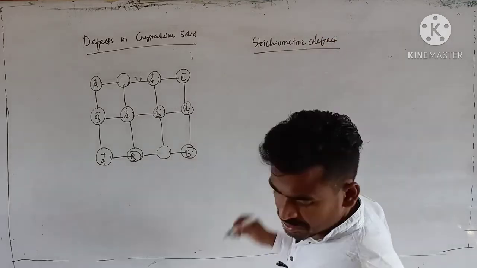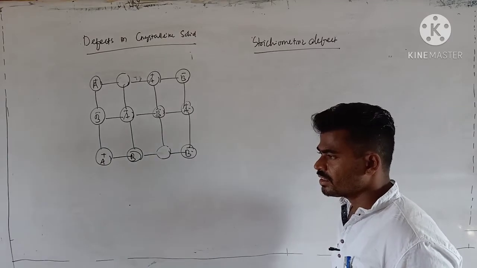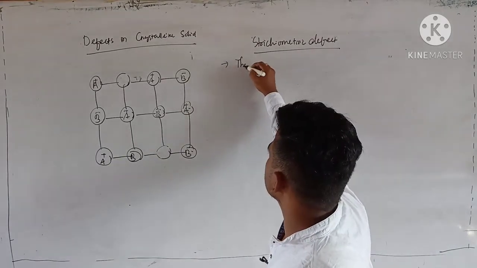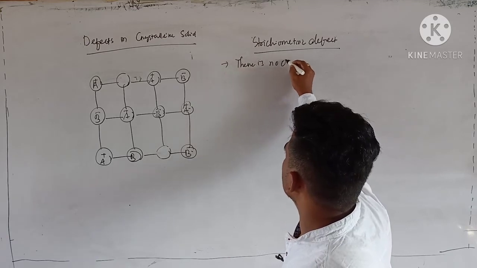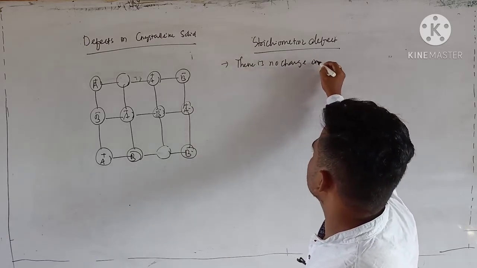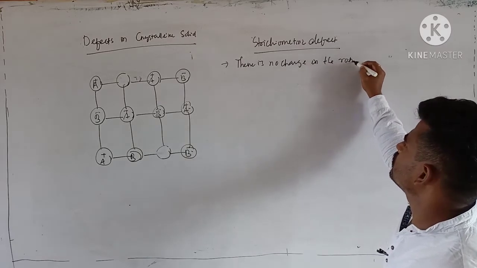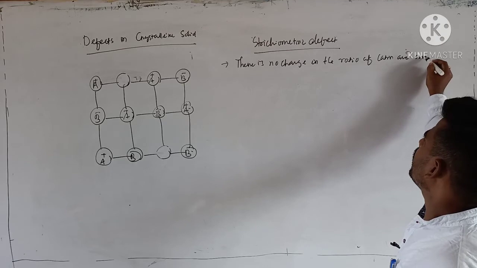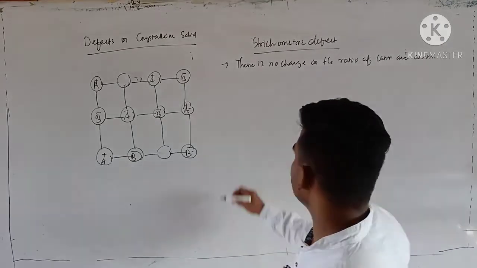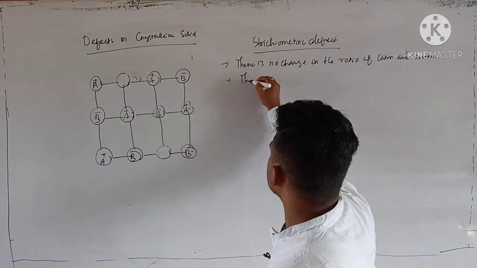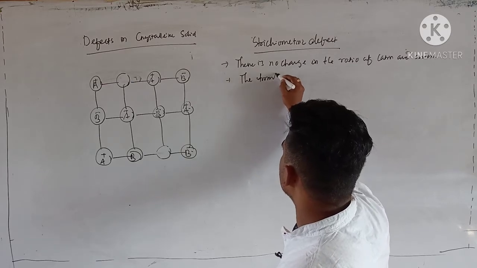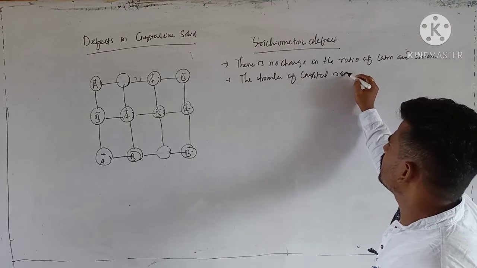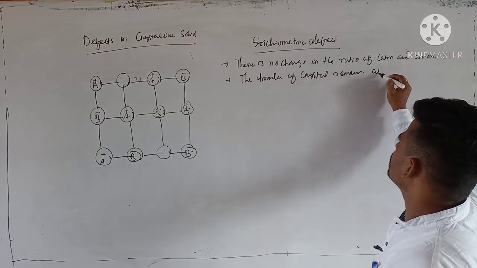So stoichiometric defects means there is no change in the ratio of cation and anion. Okay, that means the formula of the crystal remains as usual.